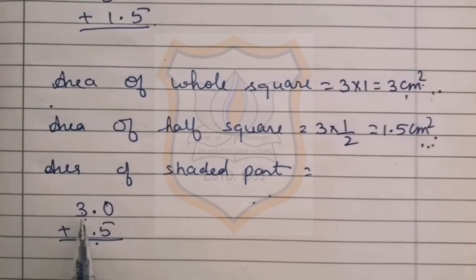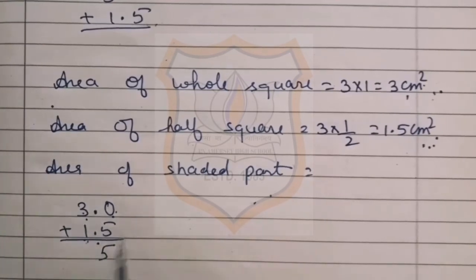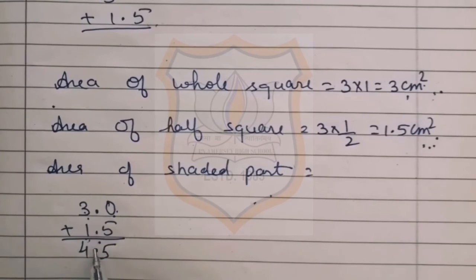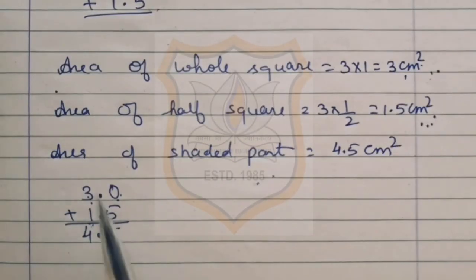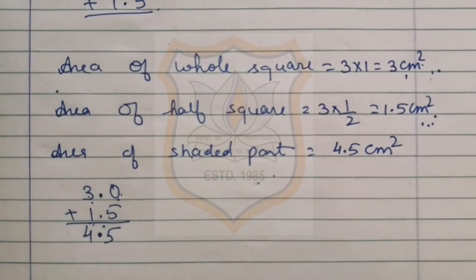As the number was only 3 and here the number is with decimal 1.5, so we will put a decimal and we will write 0 over here. Now by adding 0 and 5 we will get 5, and by adding 3 and 1 we will get 4. Put a decimal point here. So the area of shaded part is equal to 4.5 centimeter square.